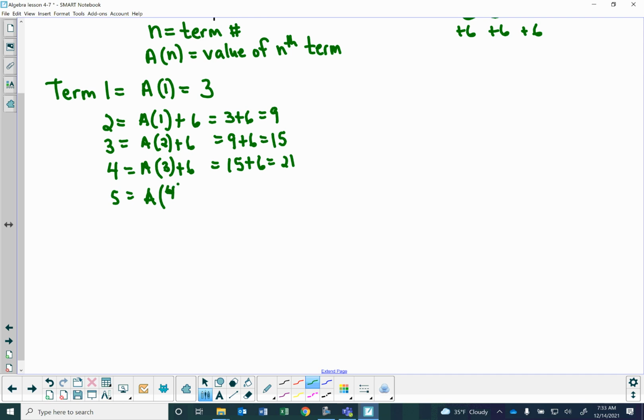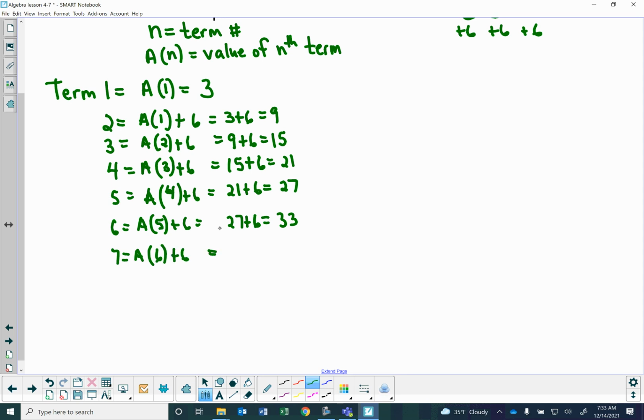So that's going to be a of 4, plus 6, which is going to be 21 plus 6, which is 27. The sixth term is going to be a of 5 plus 6, which is 27 plus 6, which is 33. The seventh term is a of 6 plus 6, so the value of the sixth term, which is 33, plus 6, which is 39.